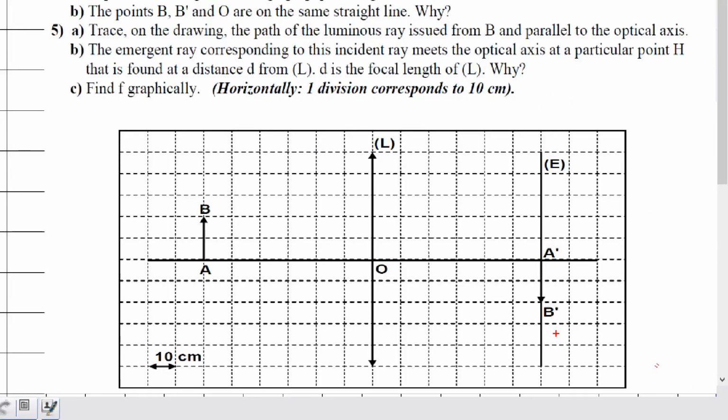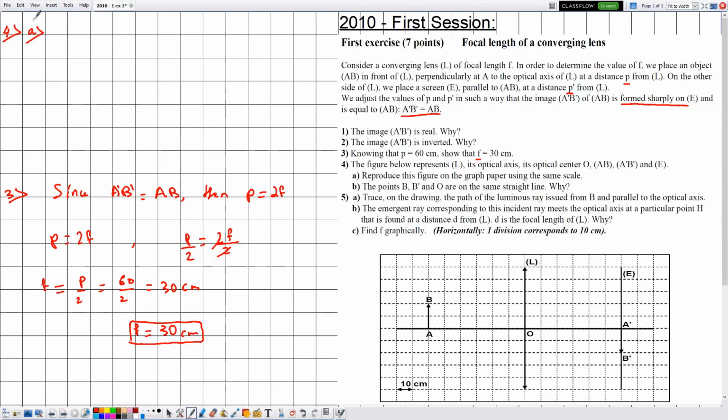Here the direction of propagation of light is not indicated, and the direction of the positive x-axis is not indicated as well, so we will take it as a default from left to right.